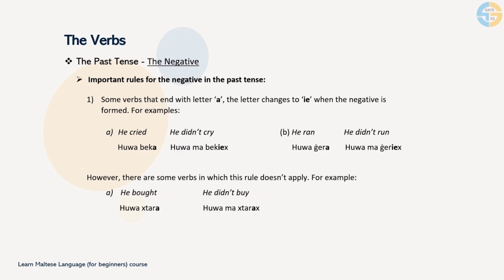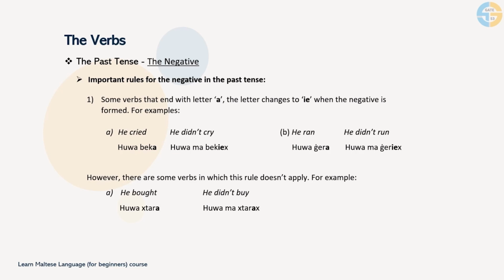So, important rules for the negative in the past tense. So we have some rules here. Some verbs that end with the letter a, the letter changes to ie when the negative is formed.